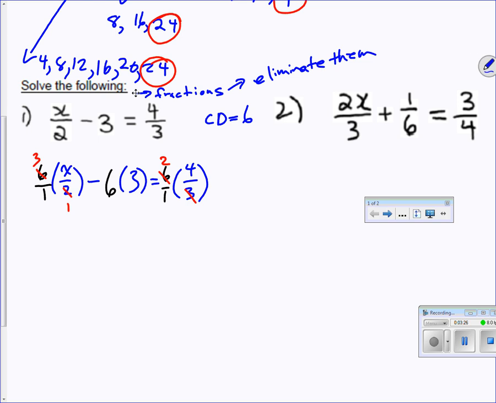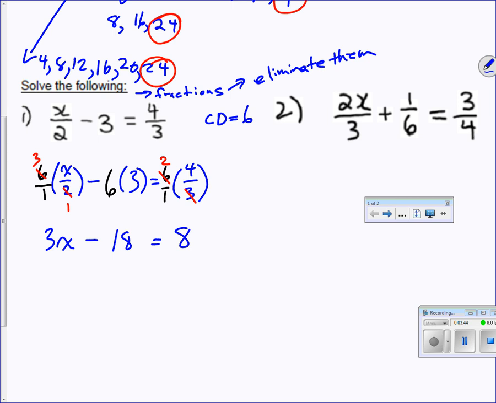And now we have 3 over 1 times x over 1 gives us 3x minus 18 equals 8.